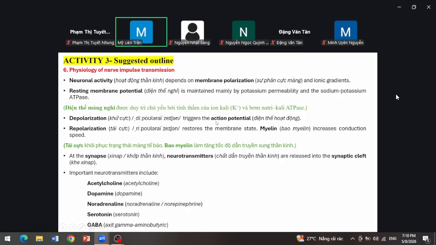Depolarization triggers the action potential. Repolarization restores the membrane state. And myelin increases conduction speed.